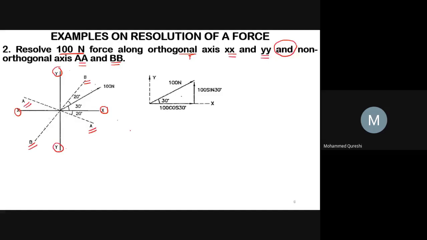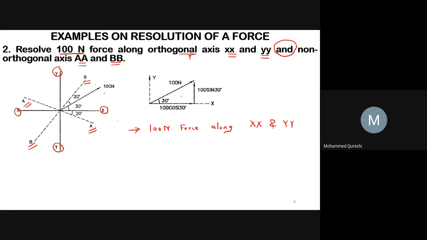We have to resolve. So first of all, we will resolve the 100 Newton force along the orthogonal axes, that is x and y.